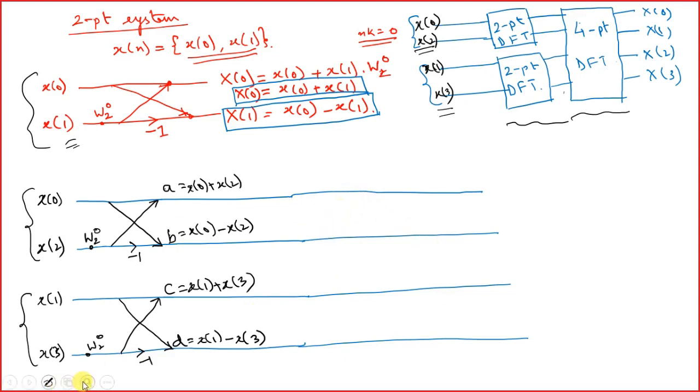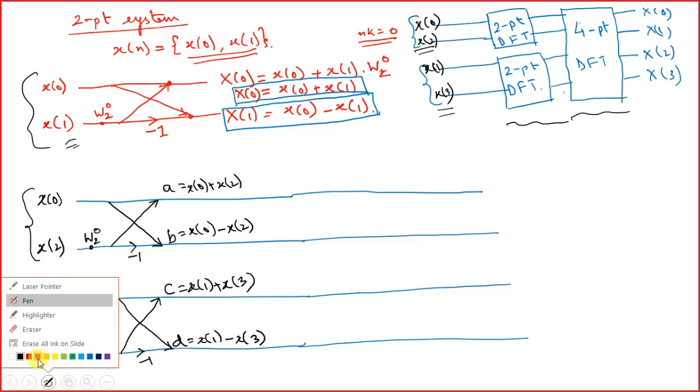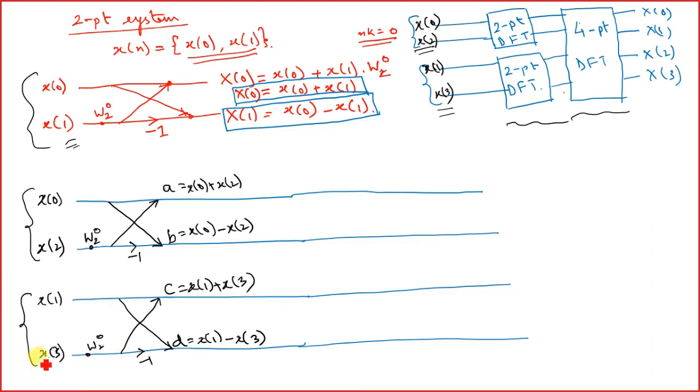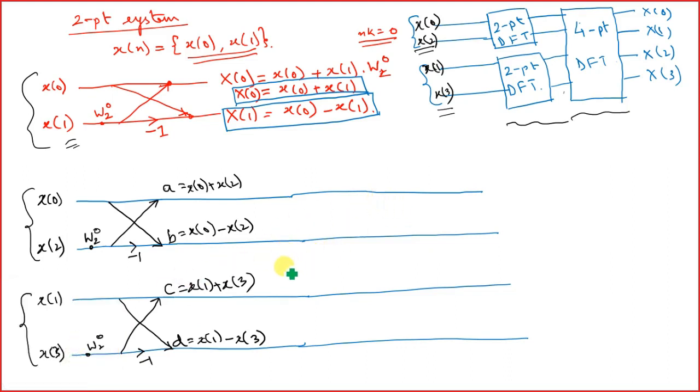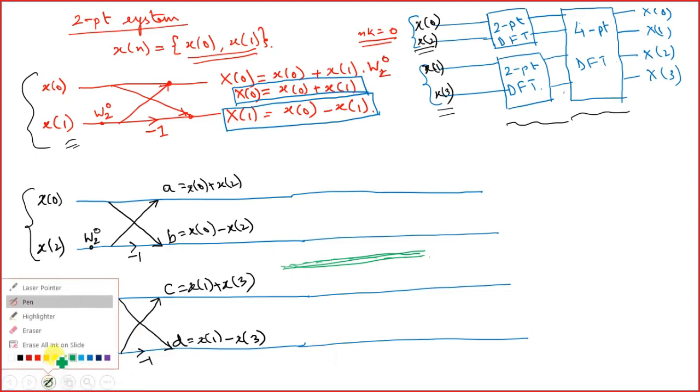So if I draw a line which will divide the number of connections in equal half, say this green is the line, and above this line we are having 2 connections, and below this line we are having 2 connections.